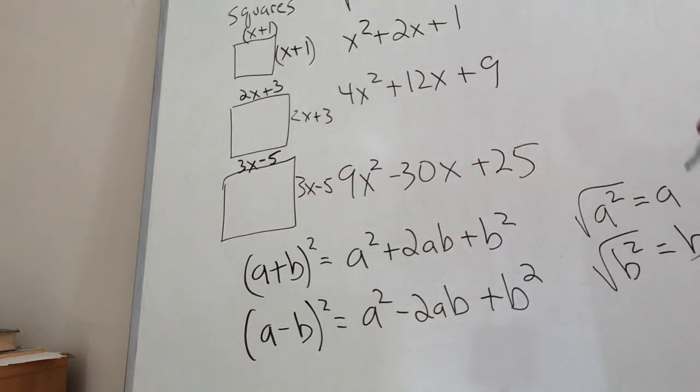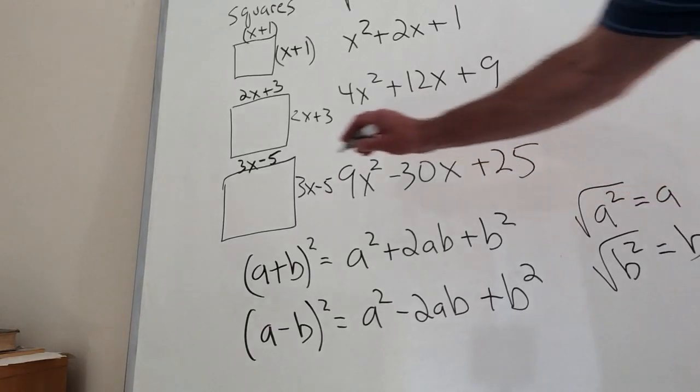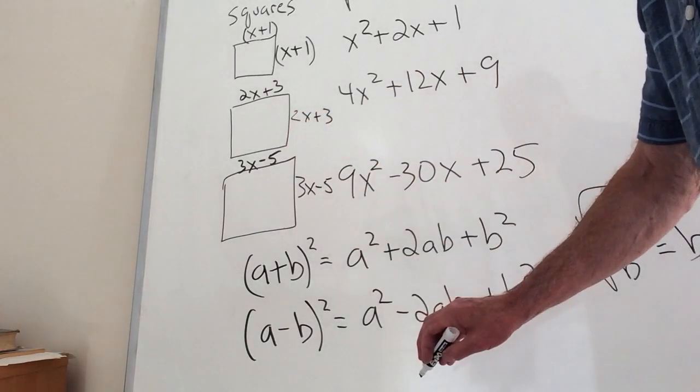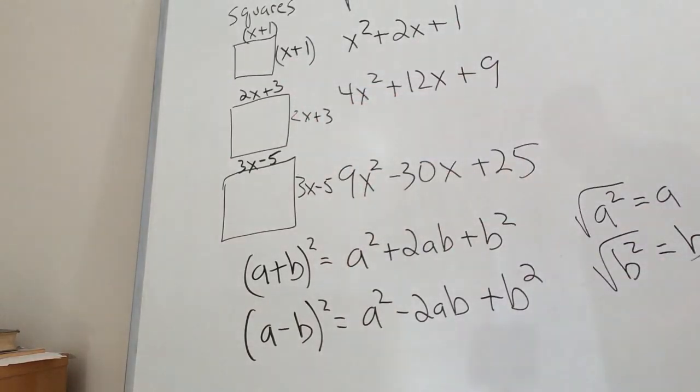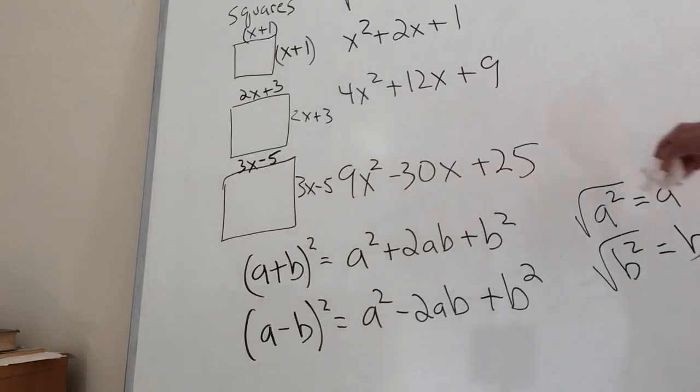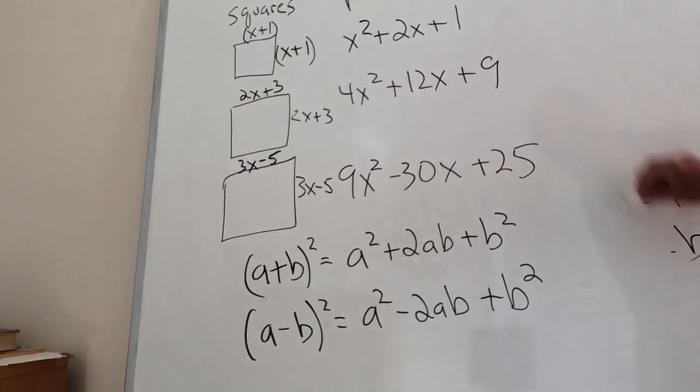So here, again, this would be just 3x minus 5 squared that would fit this format, and this one here would be 2x plus 3 squared, which would fit this format. Okay? So these are called perfect square trinomials, and the Regents certainly wants you to know about them. They're obsessed with it, to be honest.